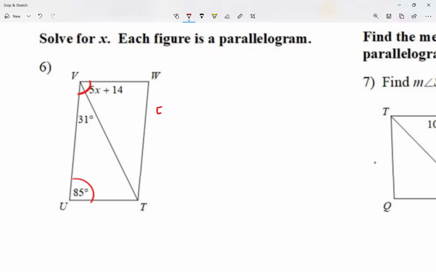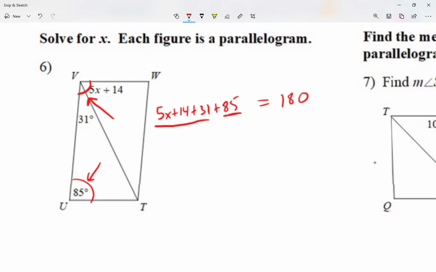I'm going to say 5x plus 14 plus 31 plus 85. I just want us to see that it's this angle. That angle was broken into two parts, so I'm adding it. And then this 85 comes from here. I'm adding everything, and this is equal to 180 because adjacent angles on a parallelogram add up to 180.